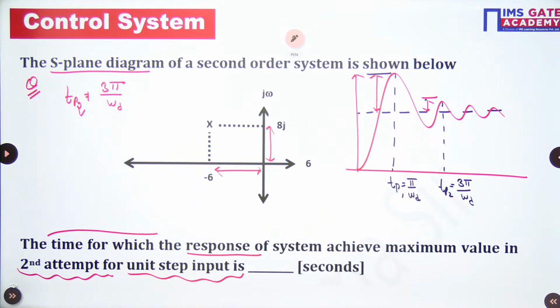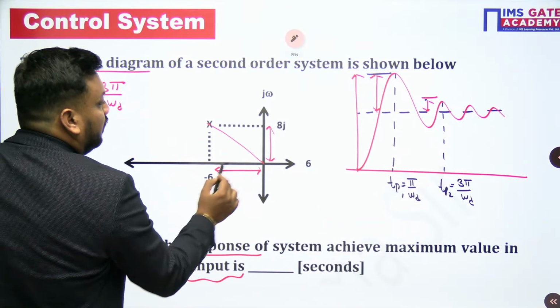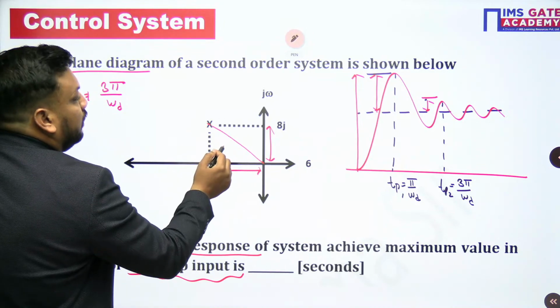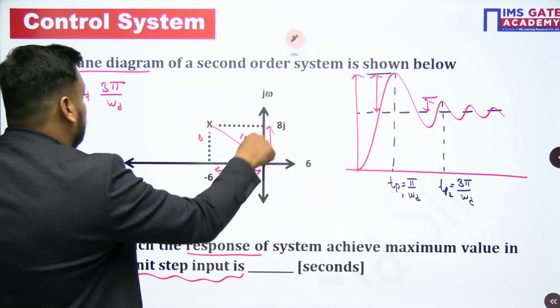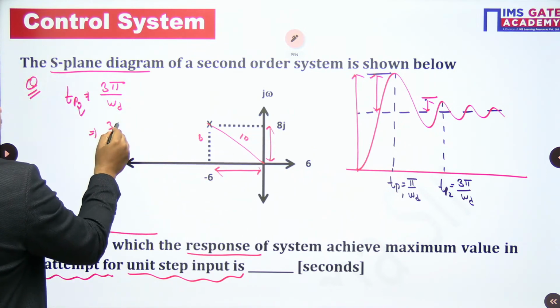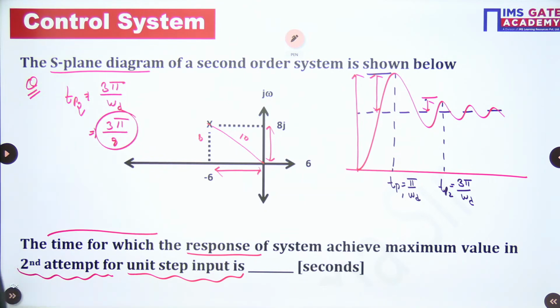So now simply you should tell me, guys: 3 pi by omega d, and do you know what omega d is? If you connect it here, this is 6, this is 8, so of course this will be 10. So omega d is this only, and the answer will be 3 pi by 8. Are you guys getting the same or not? Just let me know.